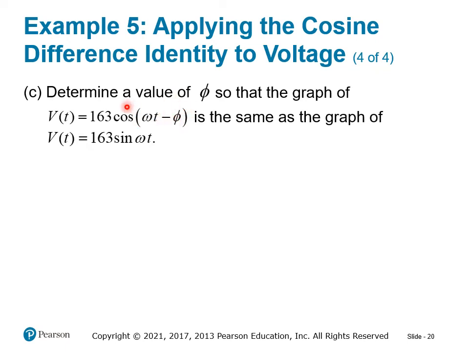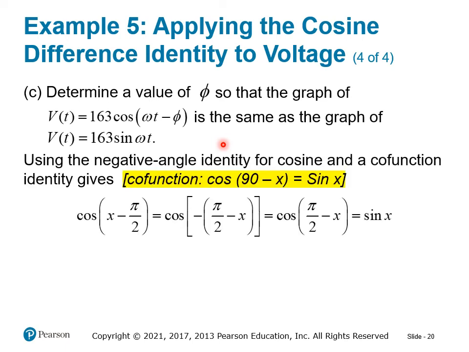Well, what do we know about the cosine and sine, when will they be the same? They're the same if these two angles are what? If they're complementary. So omega t plus omega t minus phi equals 90 degrees, right?